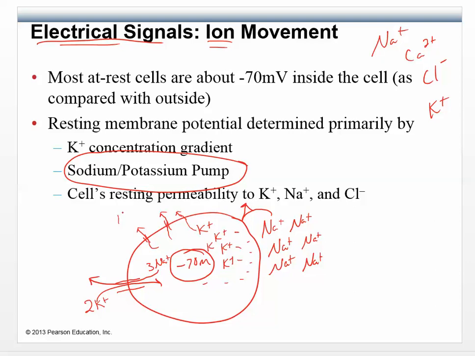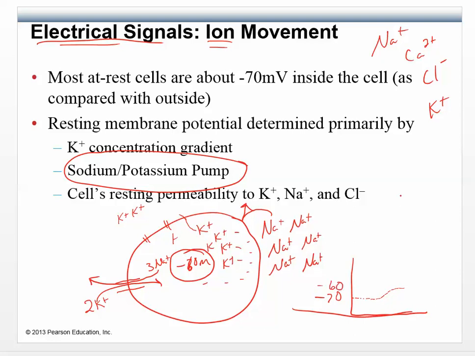If your extracellular potassium levels get too high, this potassium's not going to leave anymore. If the potassium builds up in here, this is going to go up to like minus 60. If we graph this and say this is minus 70, our resting membrane potential, and then all of a sudden potassium stops leaving, it's going to start going up and become less polarized.